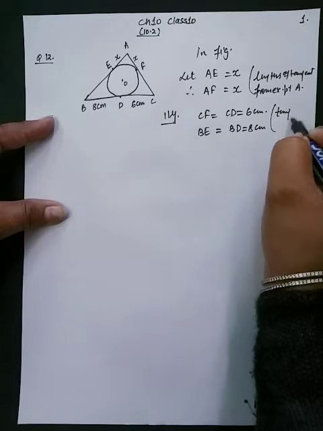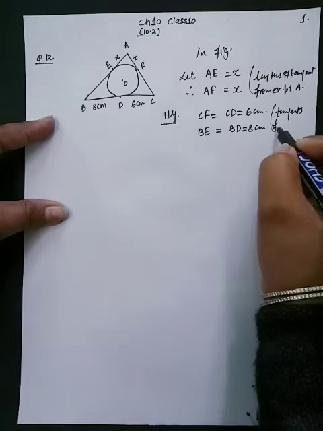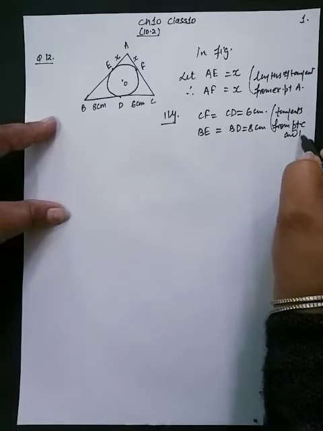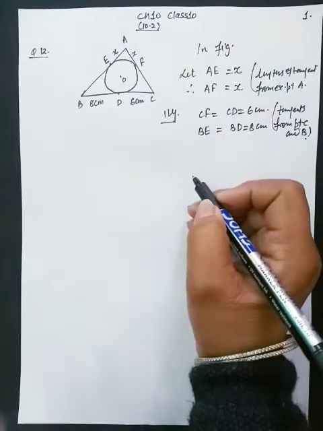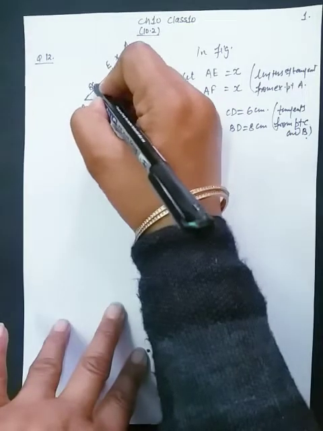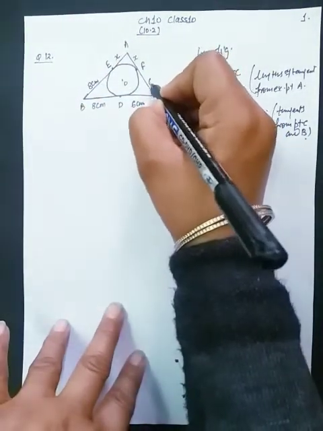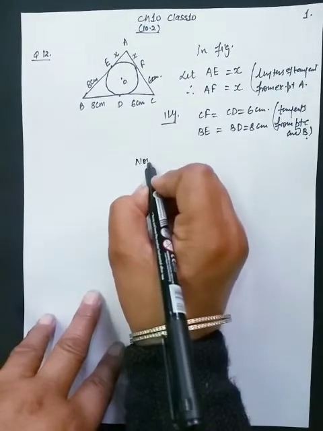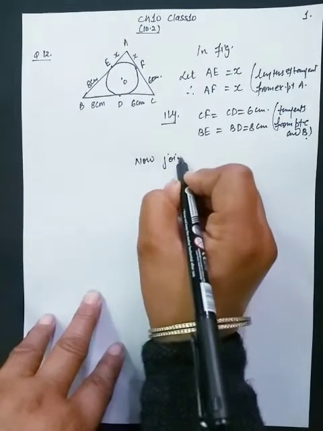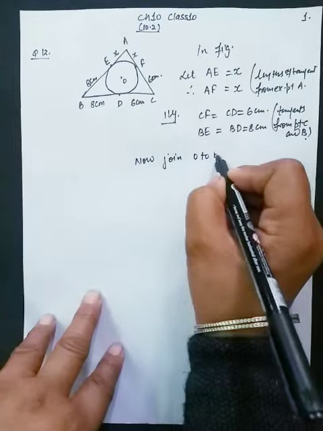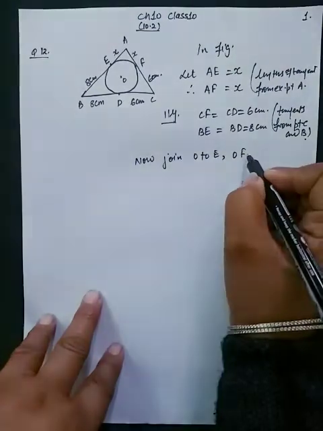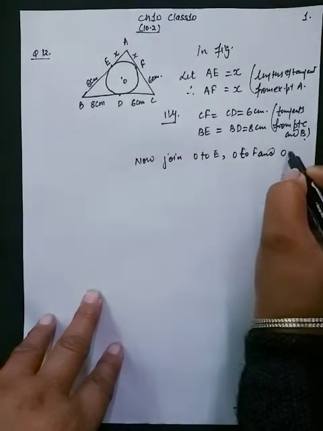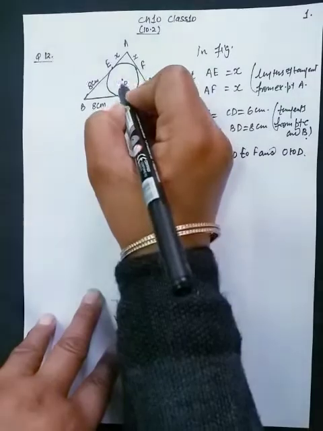These are tangents from point C and B. Now, join O to E, O to F and O to D.